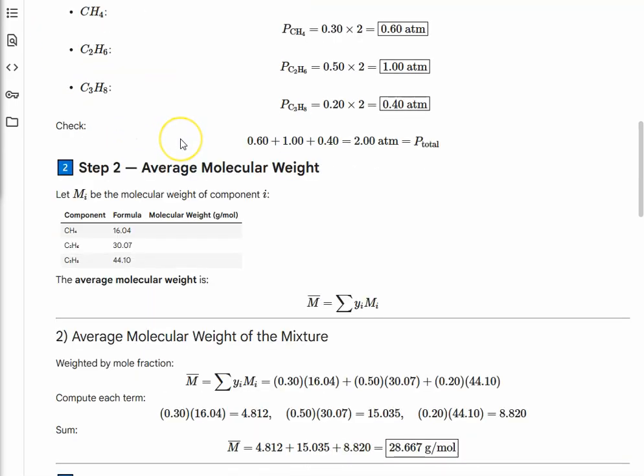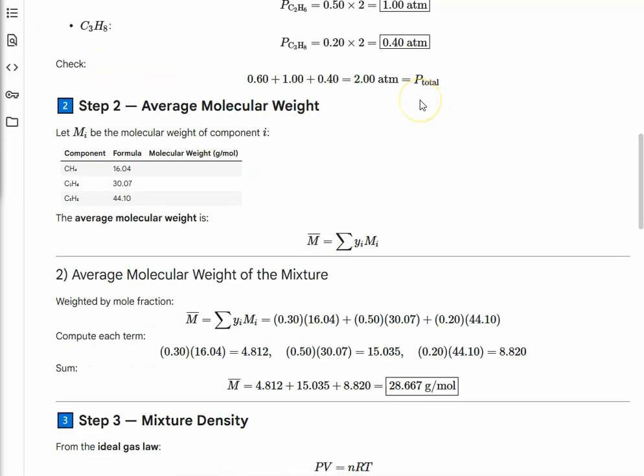Let Mi be the molecular weight of component i.